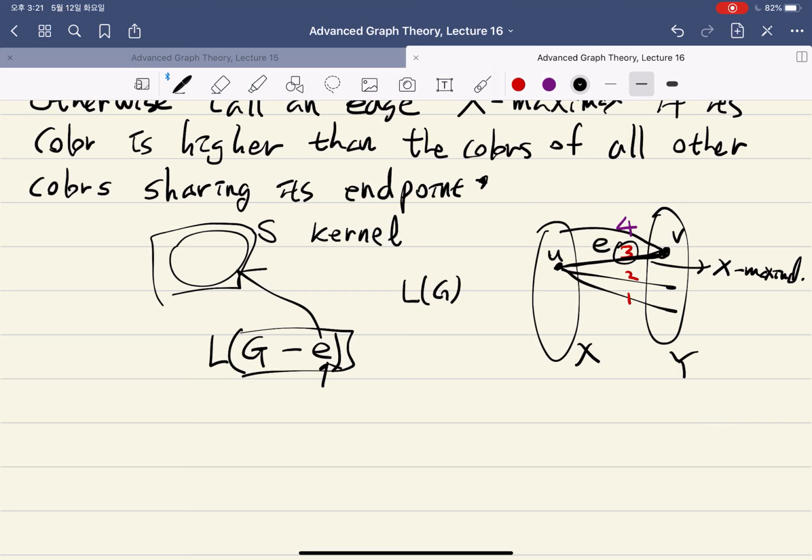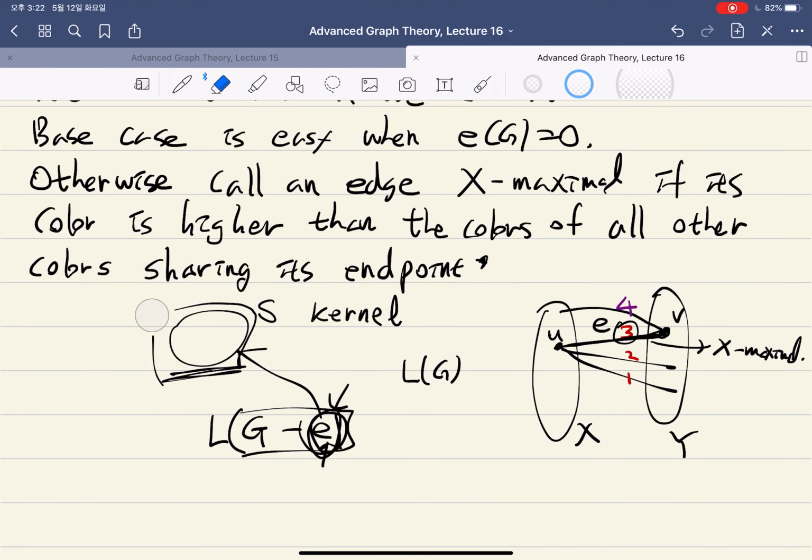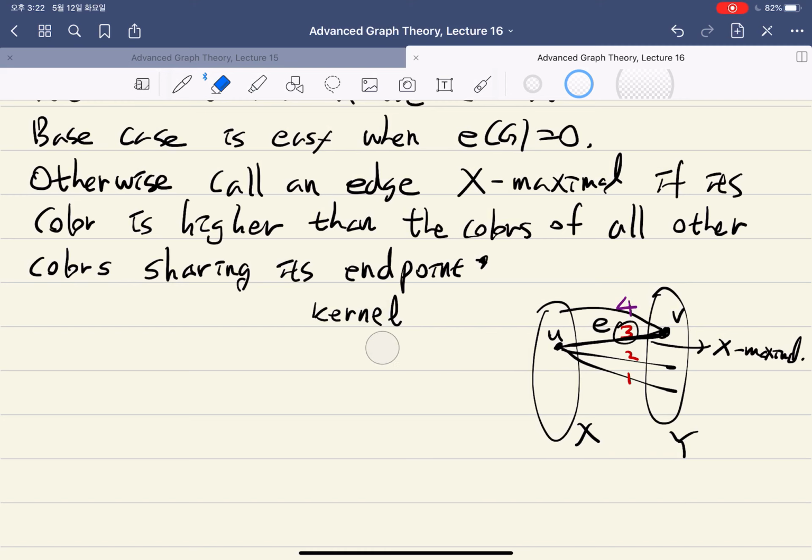And somehow we want to choose this E well, so that this extension is possible later. So for that, we consider this set of X maximal edges. We will see how it will be useful in this strategy later.